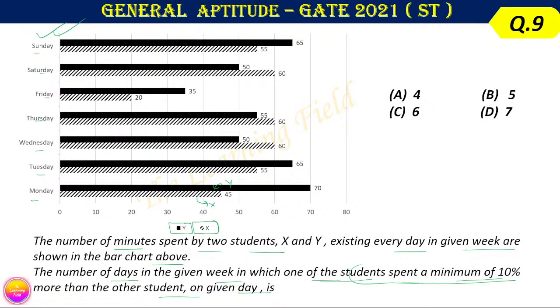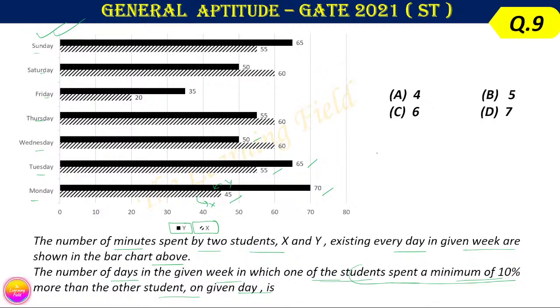So here the data are 45, 70, 55, 65. You can pause the video to watch this structure. Now I just calculate the above percentage. We can then conclude the number of days in the given week in which one of the students spends more than the other student.